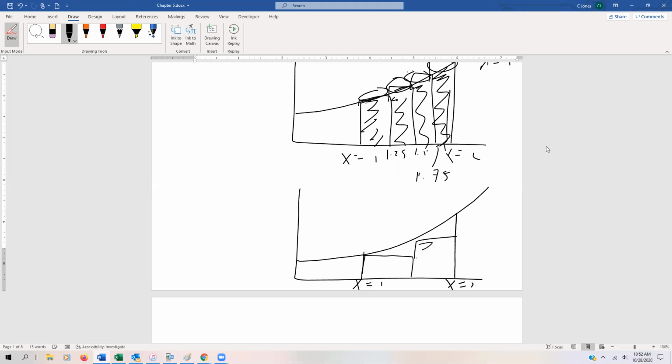Now this would be the area approximated by the left endpoint. It should be connected right here and right here. And again, notice that the white space would be the error. So this is a left endpoint.